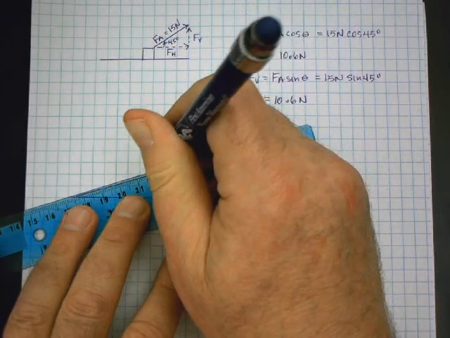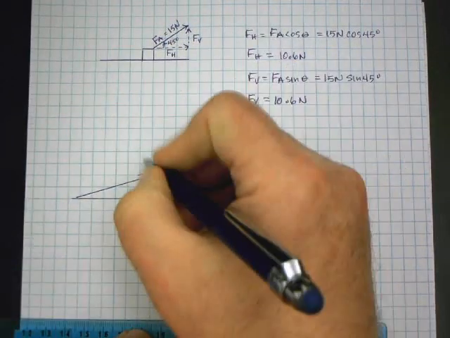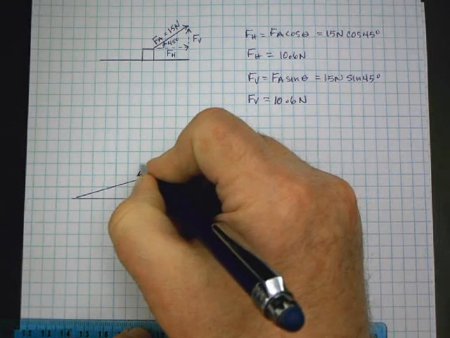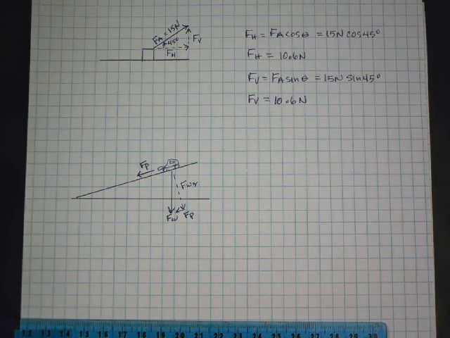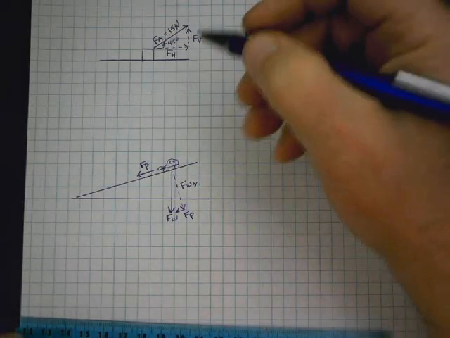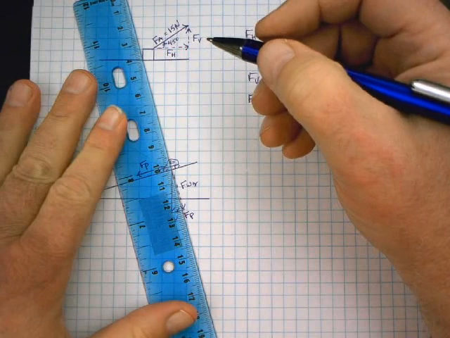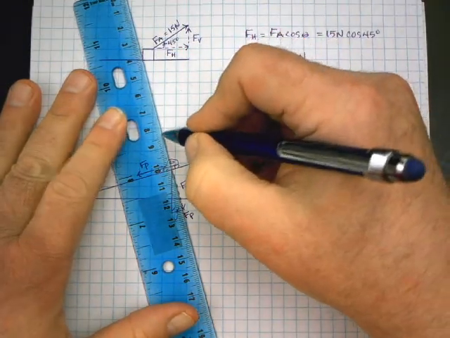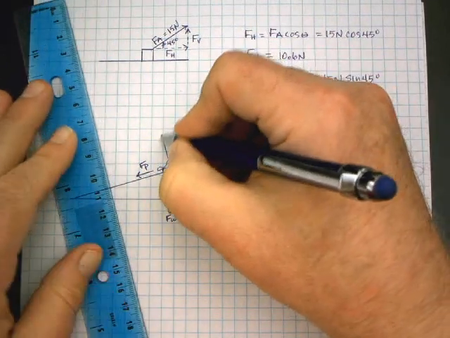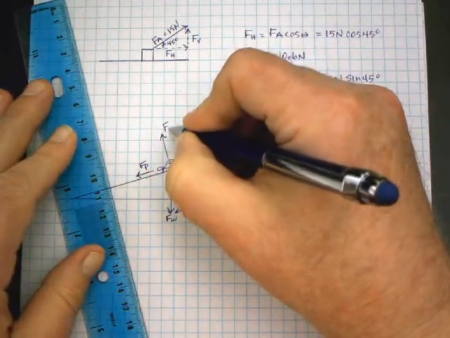And the parallel component is what makes the car slide down the hill or roll down the hill. And then opposite to the FWY, that perpendicular component is our normal force.